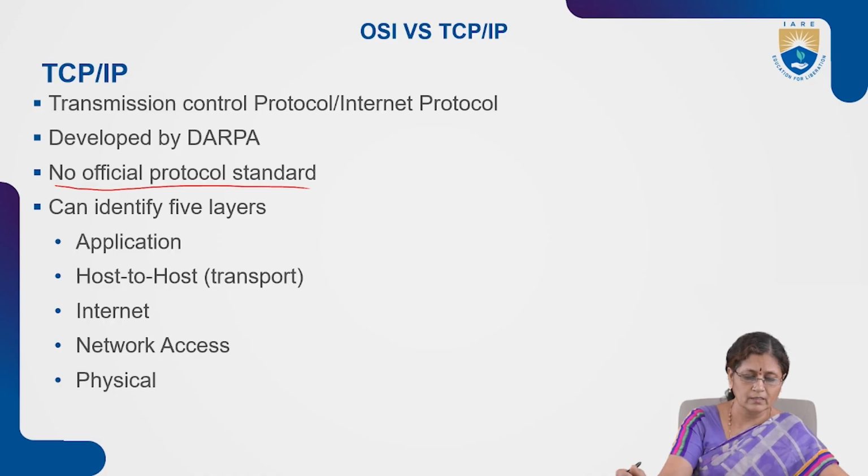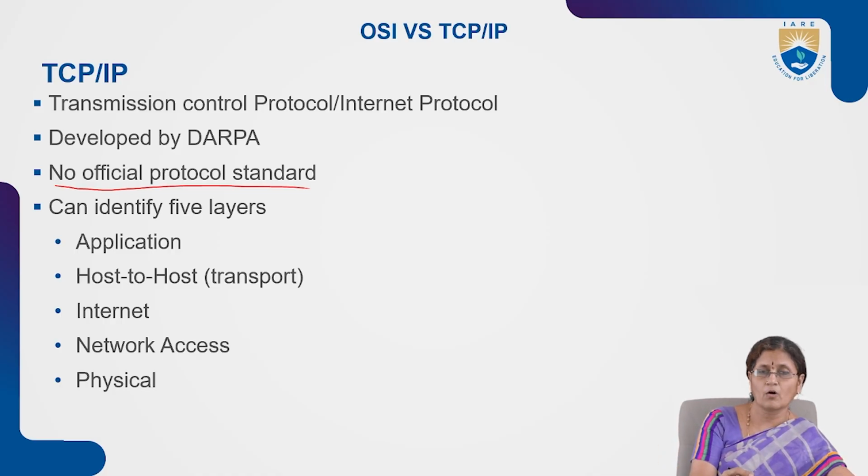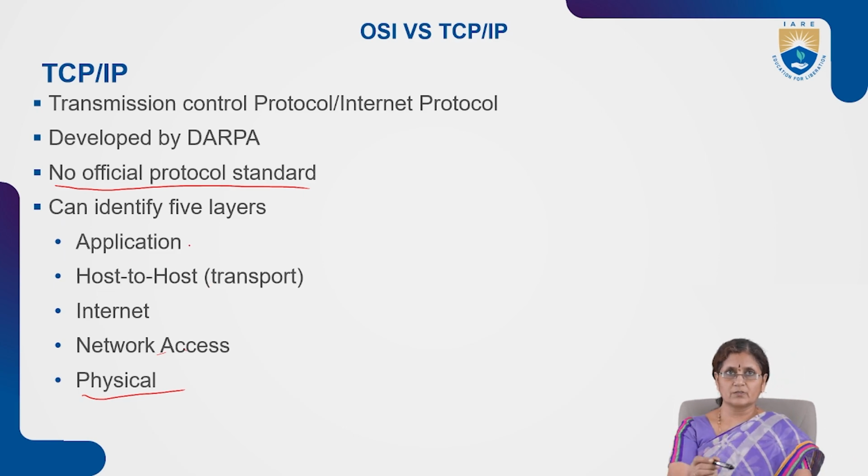Now the difference between the previous session and now is this. Earlier we specified the physical layer and the data link layer together as a link layer, but here the physical layer is shown separately. Then the network access layer, then the internet layer, then host to host, which is another name for the transport layer, and then the application layer.